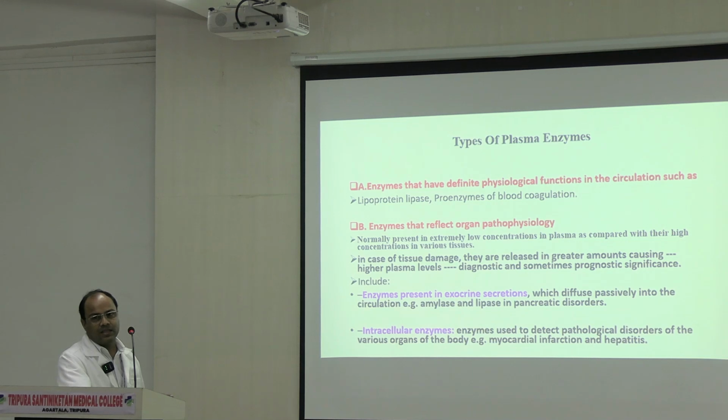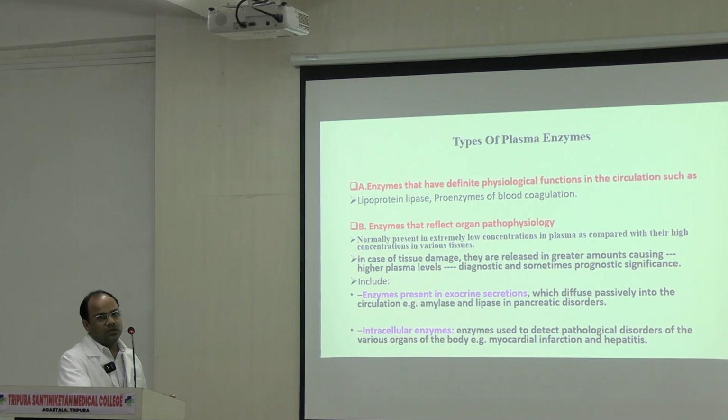Endocrine pancreas secretes insulin, glucagon, somatostatin. Pancreatic beta cells secrete insulin, alpha cells glucagon, delta cells somatostatin. You will learn in detail in your endocrine and physiology classes.